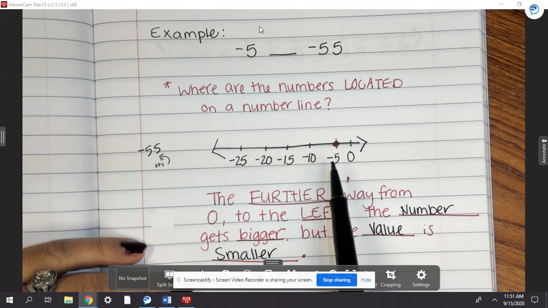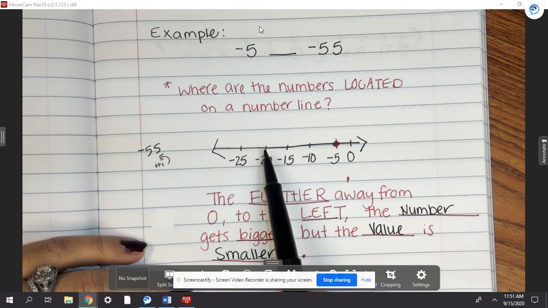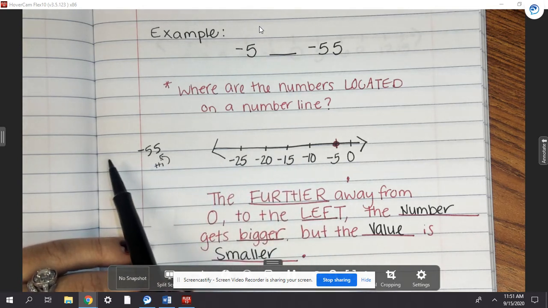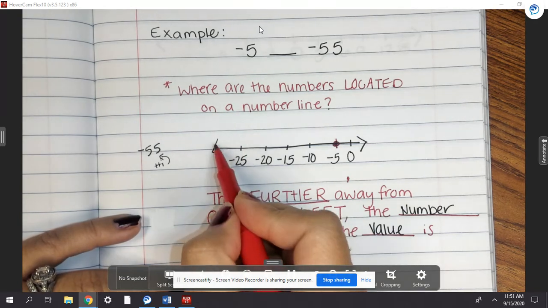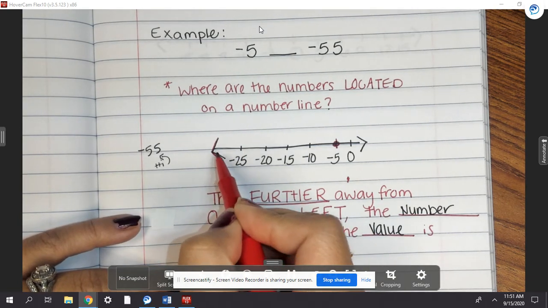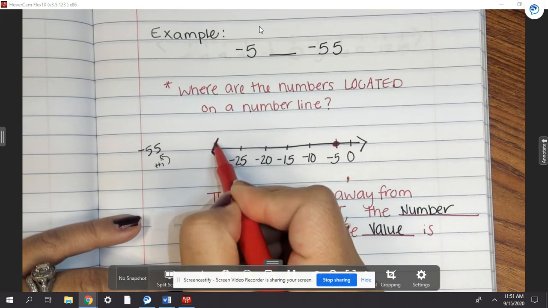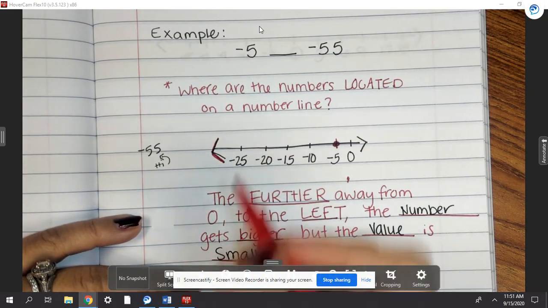So what that means is the further away I get from 0 going left, the smaller that number really is. So negative 55, when I'm looking at it, is it greater than? It's actually less than. Remember, use this symbol on this number line to help you and guide you.